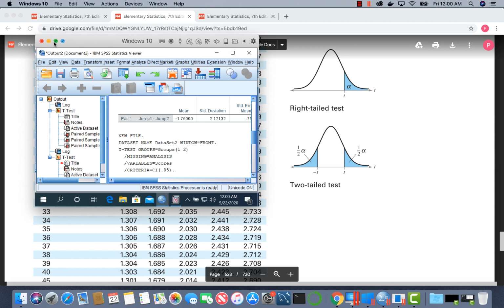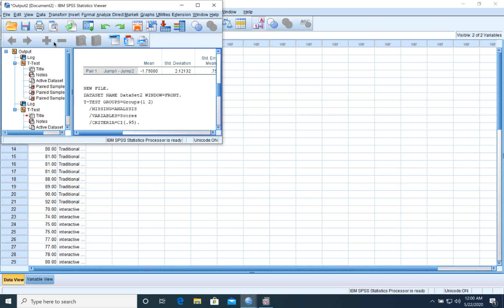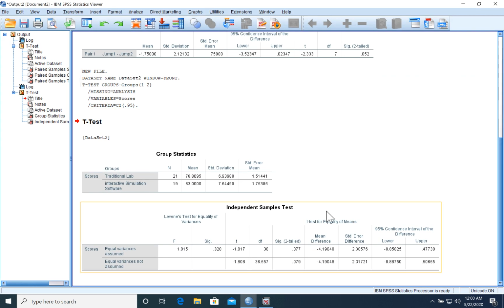Let's look at that test statistic once again. Let's full screen this. The test statistic they had was negative 1.817.